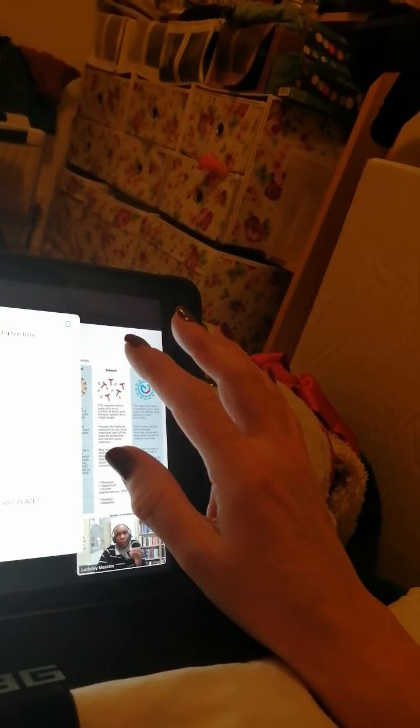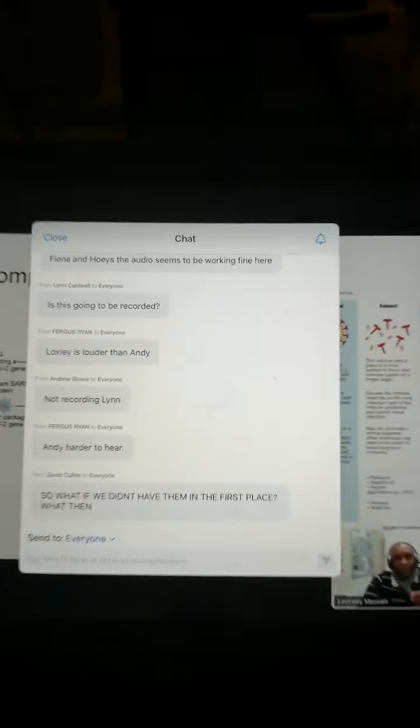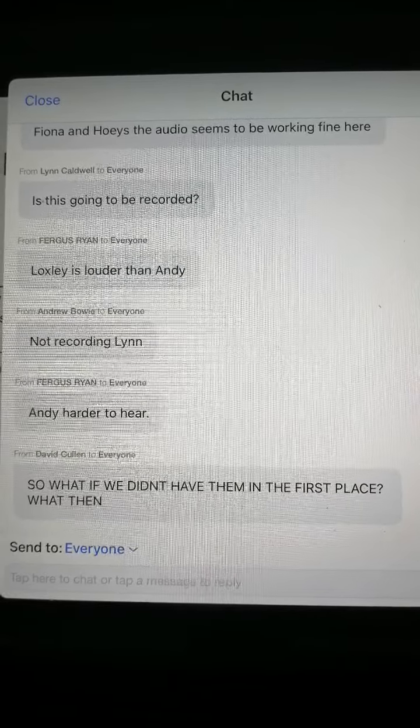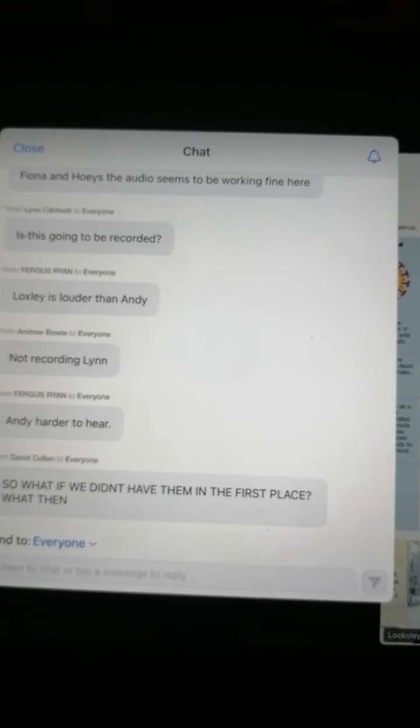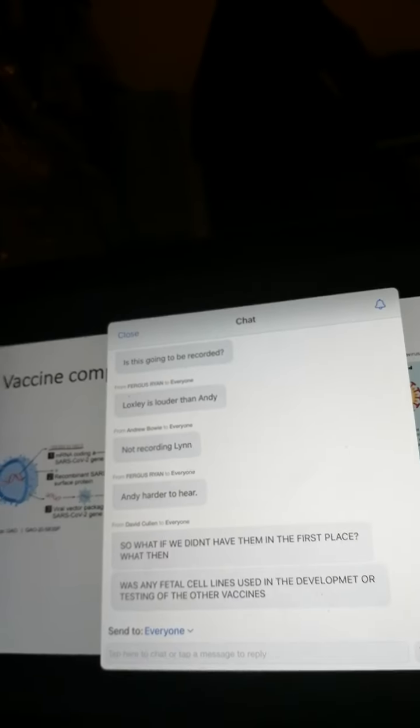The core question really is: are we able as Christians to make use, for good, of anything that comes from a morally debatable act? That's the core question, I think.